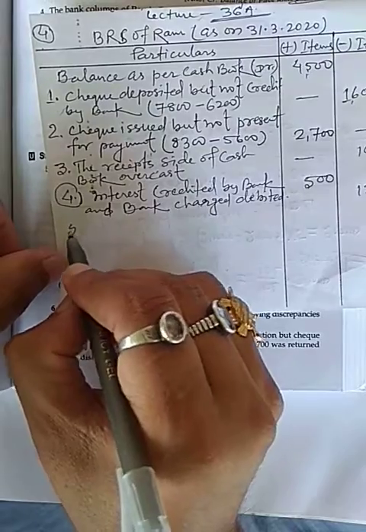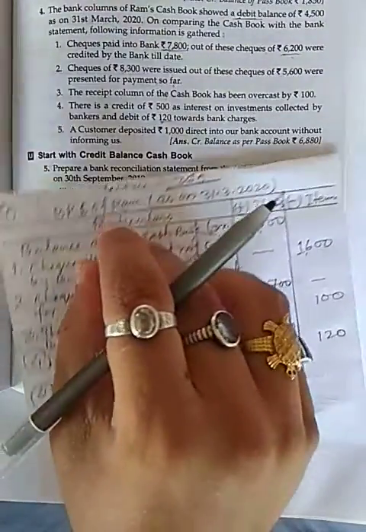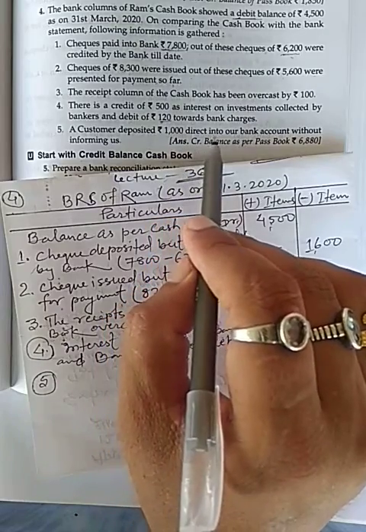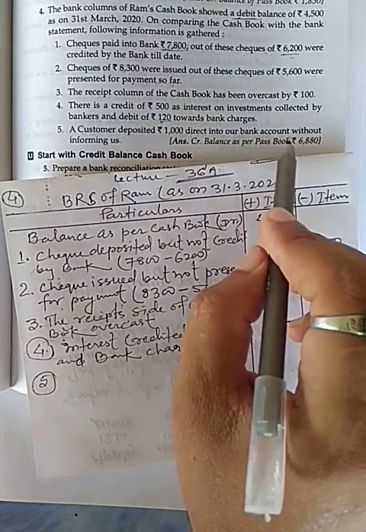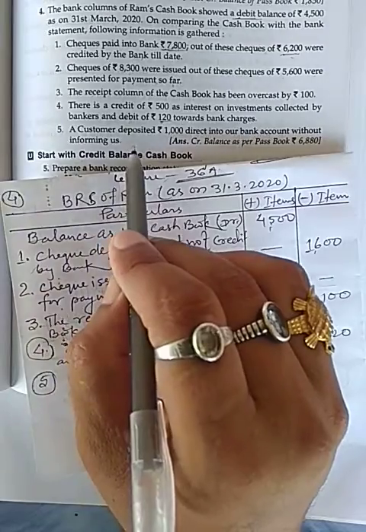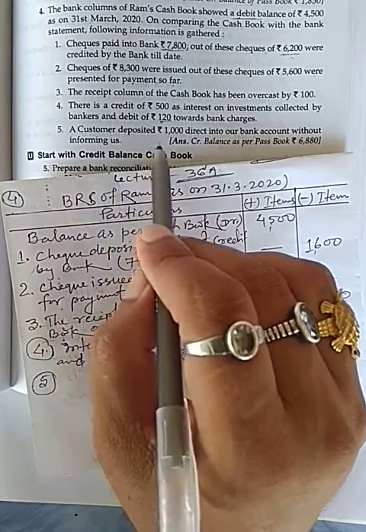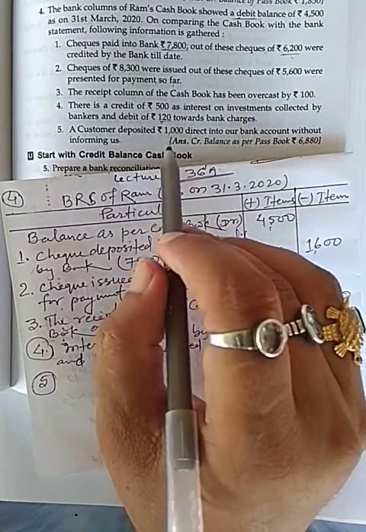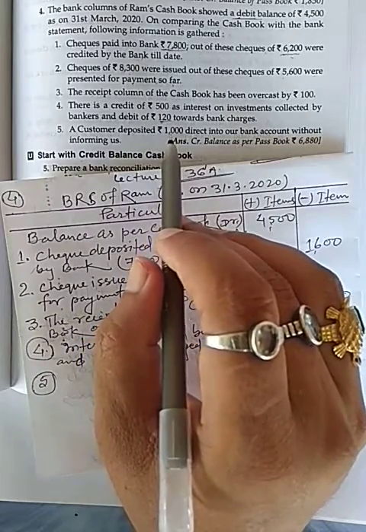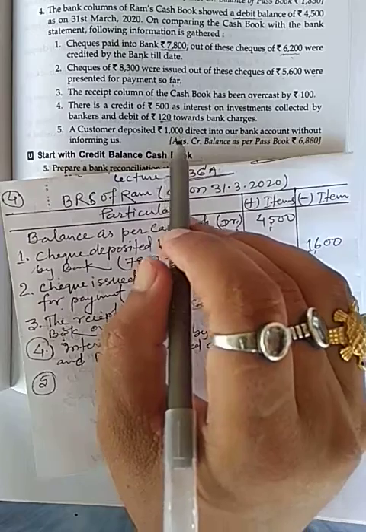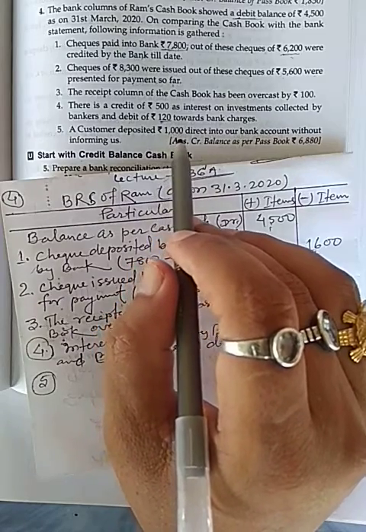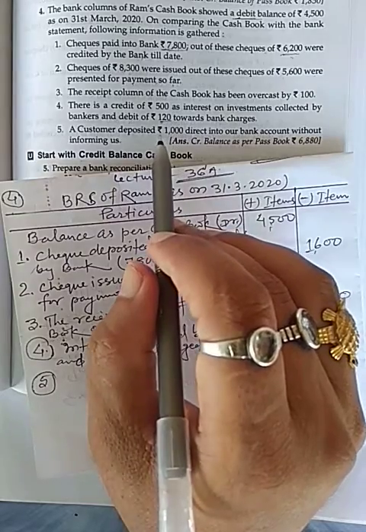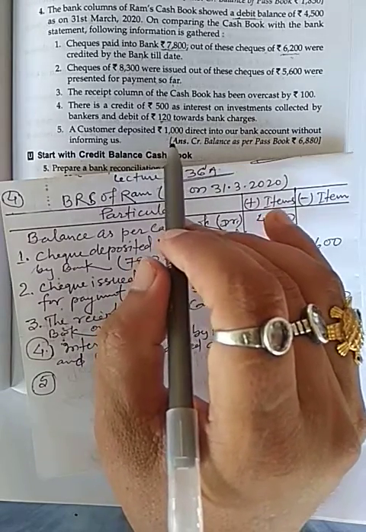Now fifth statement is saying a customer deposited 1000 directly into our bank account without informing us. So we all know in this case our bank passbook will show increasing balance and our cash book will show decreased balance.